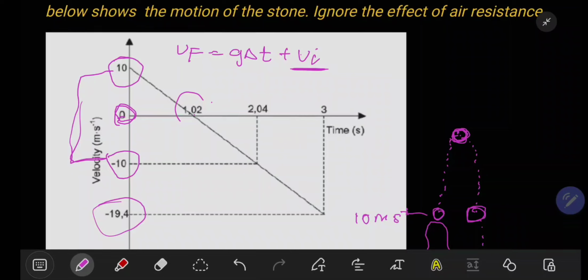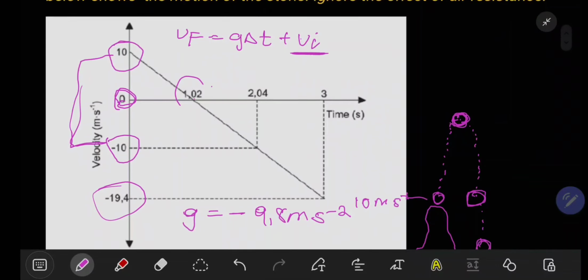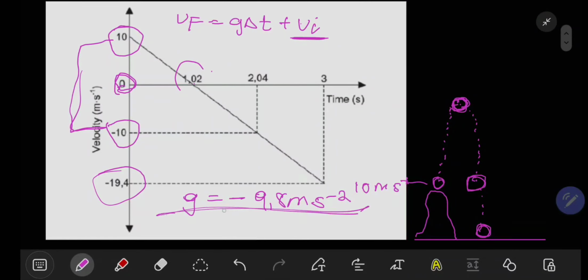Then we can see that the gravitational acceleration here is negative. Why is it negative? Because our slope is descending. So it means our gravitational acceleration is negative 9.8 meters per second squared. It's very important to identify your constant, because it's a very crucial thing when you do calculation.